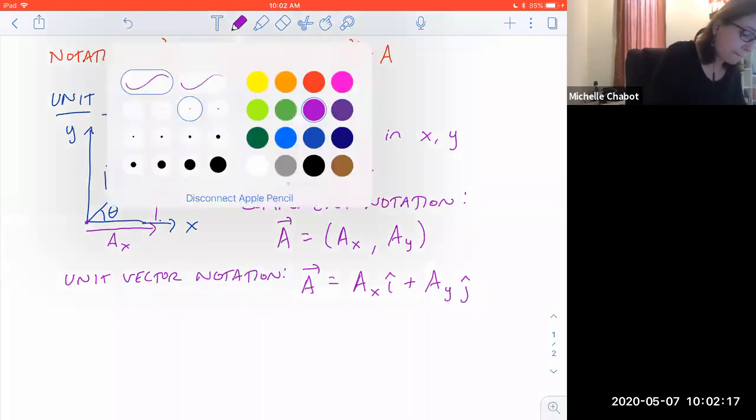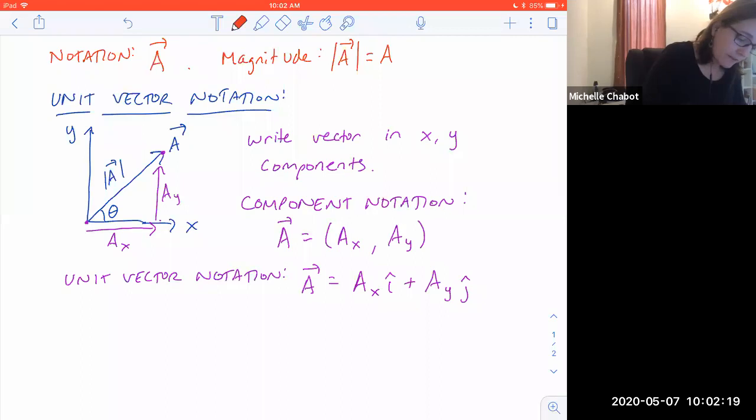So these here, Ax and Ay, are the components of my vector, right? And then I have these unit vectors, i hat and j hat, and then for 3 dimensions, we have k hat.